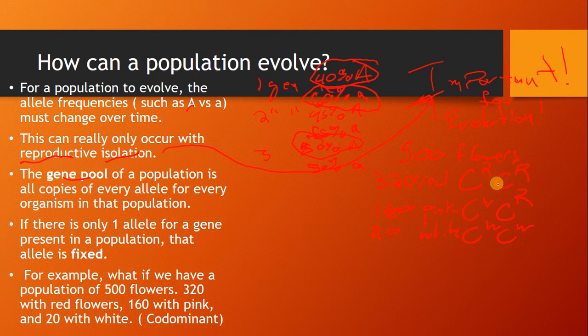This is codominant, by the way, where the heterozygote is a mix between the red and the white. So, for example, the gene pool for this population would consist of 1,000 alleles, right? Each flower has 2 alleles, so all the flowers together have 1,000 different alleles.